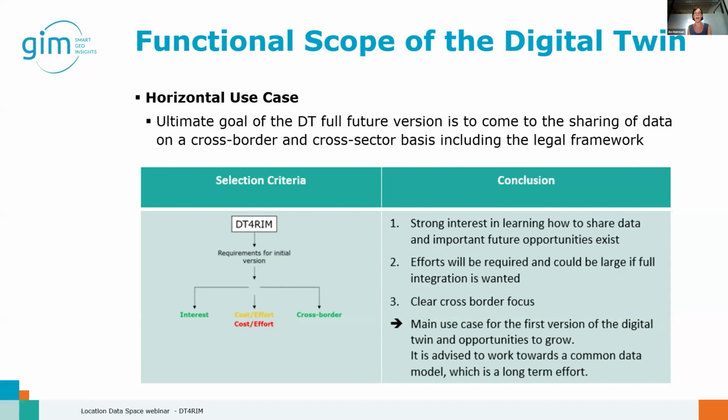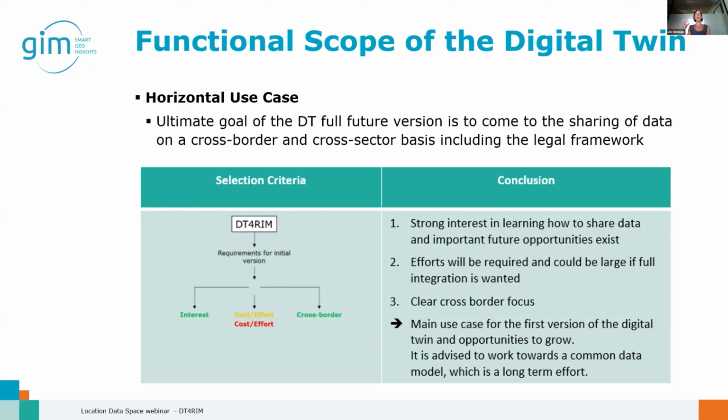For this use case, the conclusion is quite simple. It's the main goal of the digital twin. So here it's also the main use case for the first version of the digital twin, with opportunities to grow. And it is advised to work towards a common data model, which is a long-term effort. So the cost effort is yellow or orange, red.